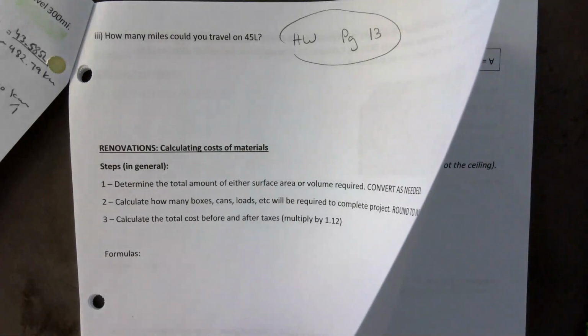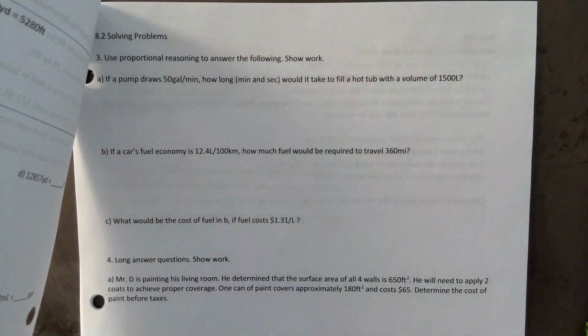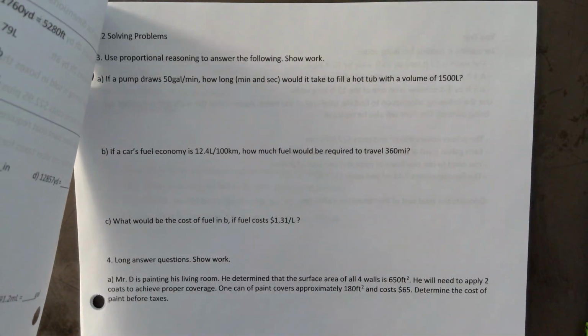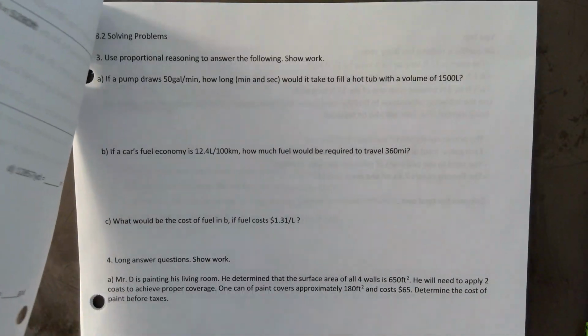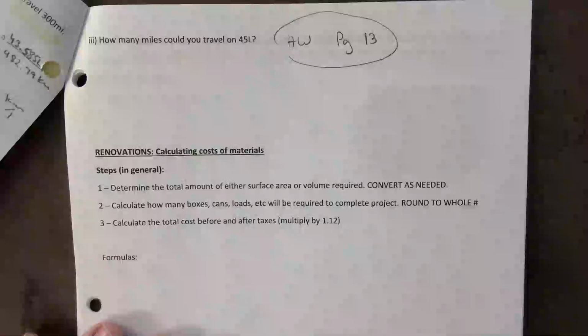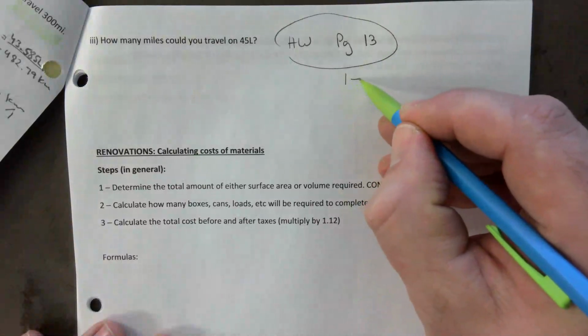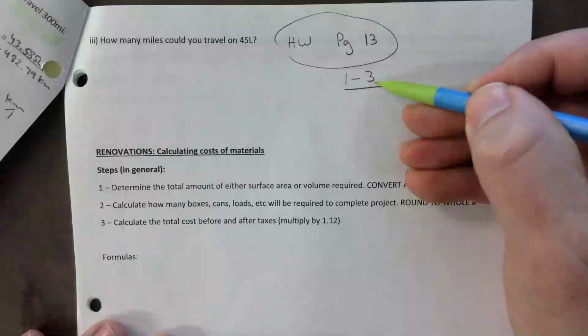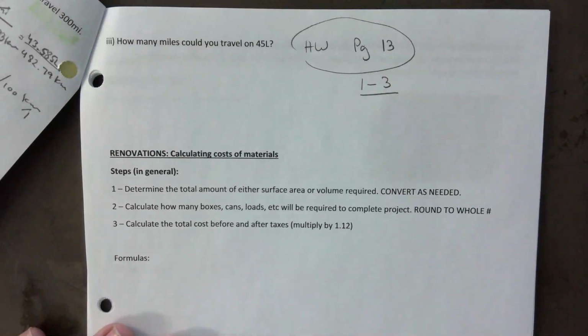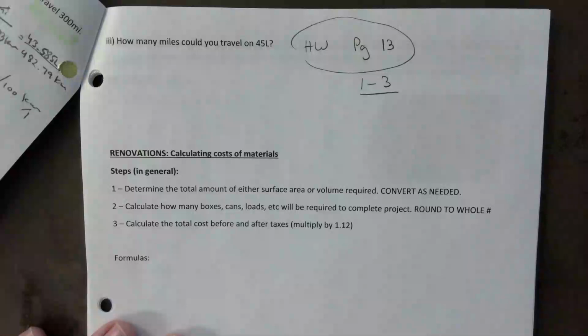I think 13 kind of bleeds into 14 a little bit. Stop giving us more. I know. So I will just say page 13, 1 to 3, okay? Because the third question bleeds into page 14. So you can do that right now.